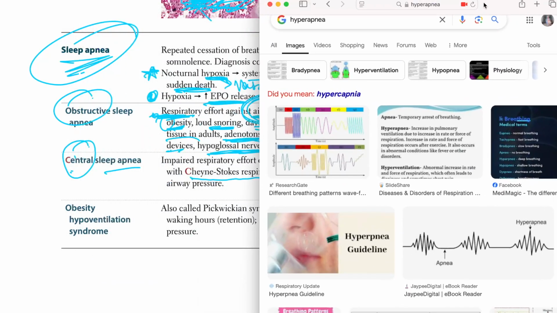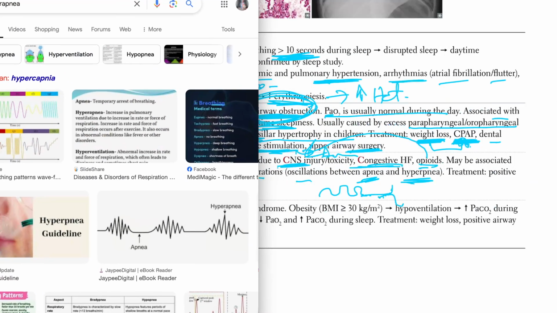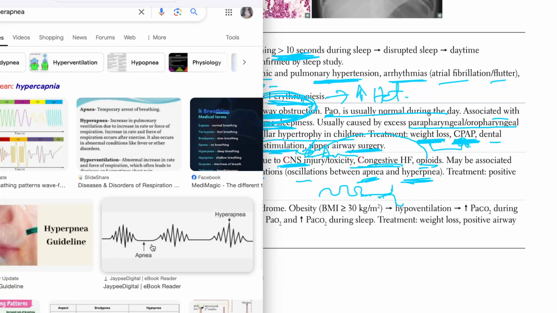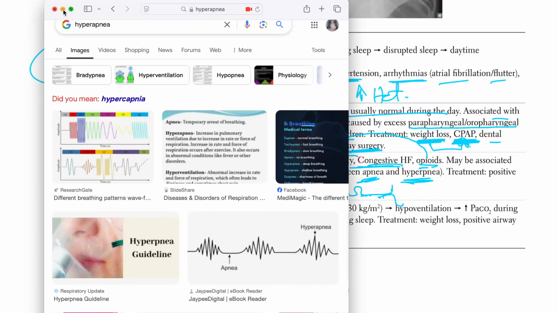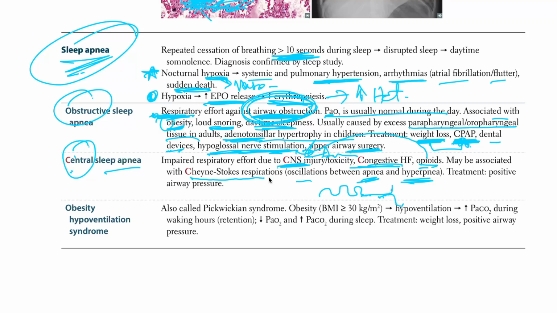And what do we see here? We will have oscillations between apnea and hyperpnea, and that will be known as Cheyne-Stokes respirations.